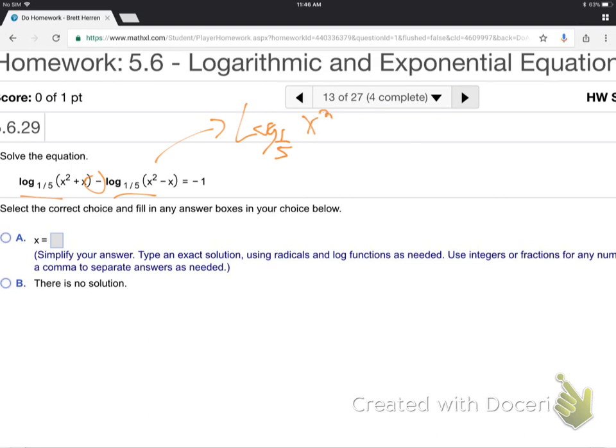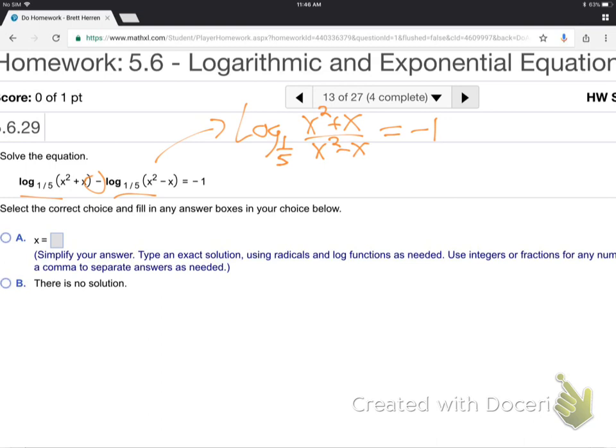So x squared plus x over x squared minus x. Good to there. So far, so good. So 2 logs, 1 log. Next line, we're supposed to go to no log at all. How do we go to no log?